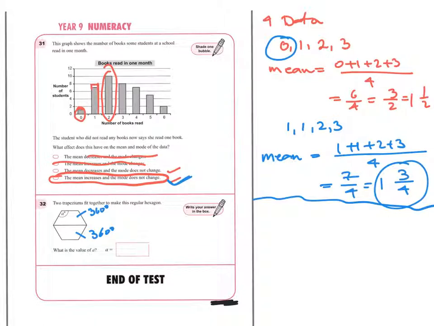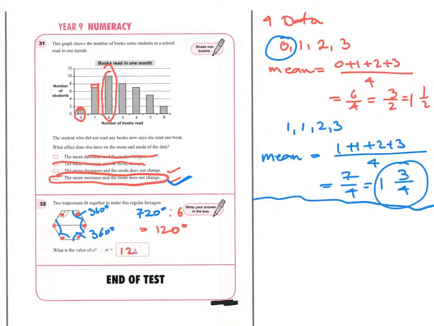So all together it is 720, which means all these angles add up to 720. And how many of these do we have? We have 1, 2, 3, 4, 5, 6. So we're going to divide 720 by 6, and it should give you 120.